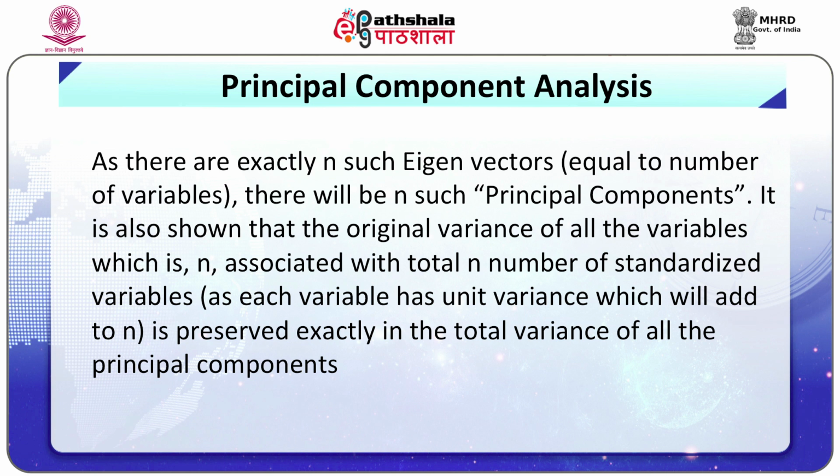It is also shown that the original variance of all the variables, which is n, associated with the total n number of standardized variables, as each variable has unit variance which will add to n, is preserved exactly in the total variance of all the principal components.